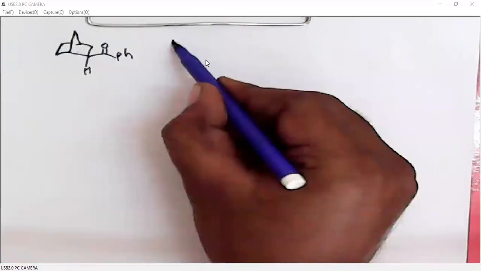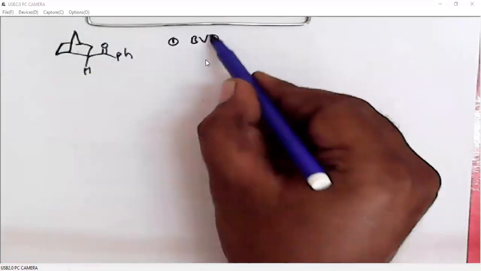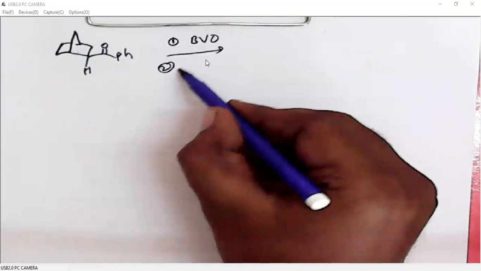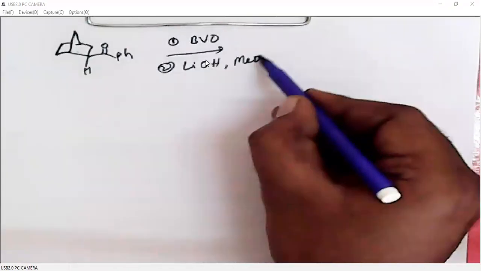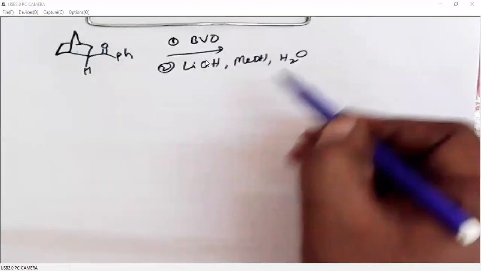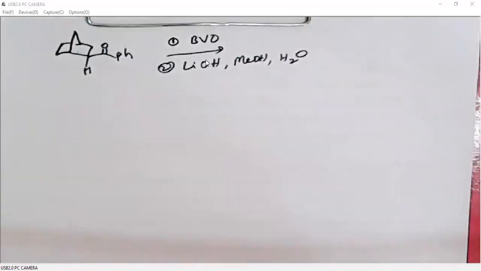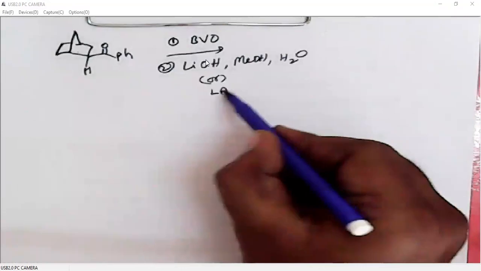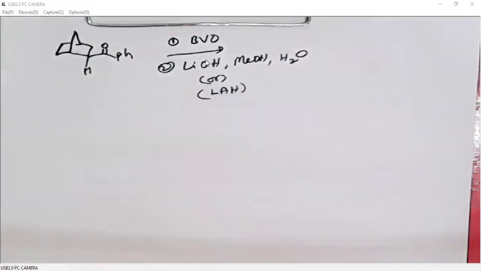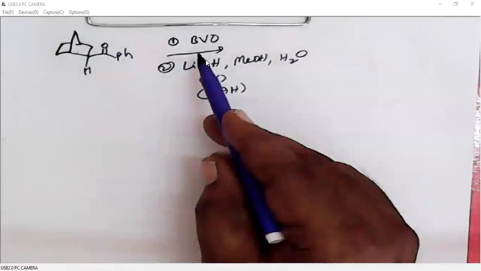When we do Baeyer-Villiger oxidation on this, and then treat this with lithium hydroxide under aqueous methanol solvent, or we can also use LAH for this, I'll explain this. Okay, right. So when we do Baeyer-Villiger oxidation, what happens?